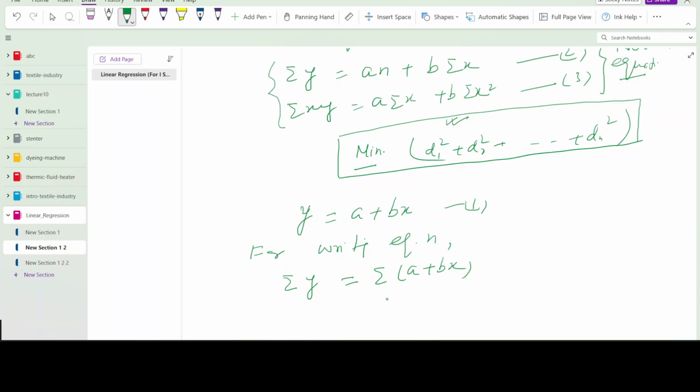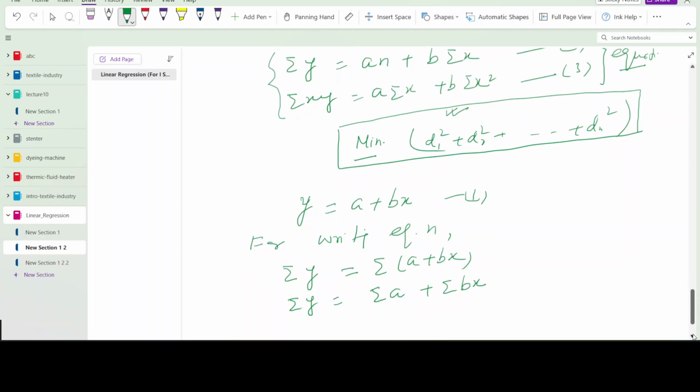This is equation 1. Thus, it will be sigma y, and apply this sigma on a here and on bx here.